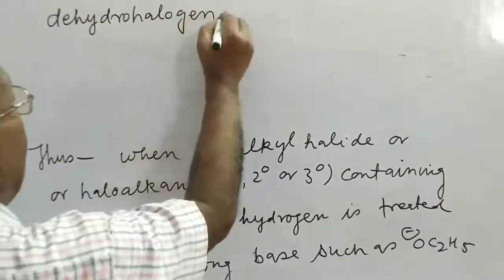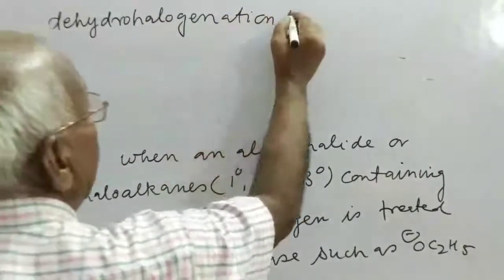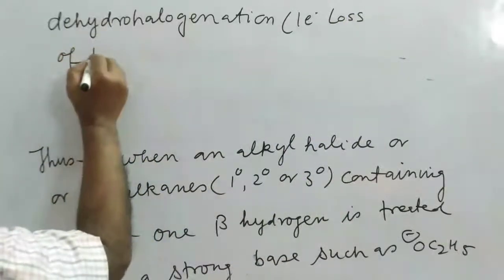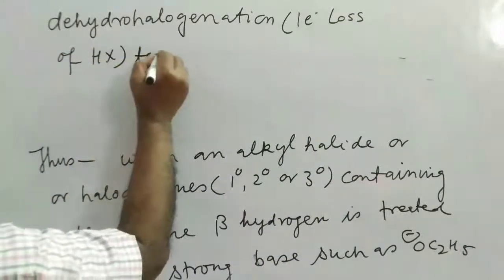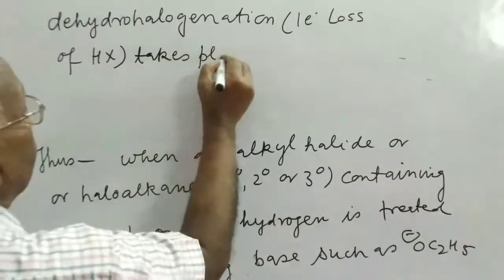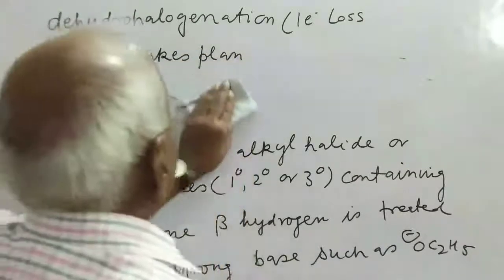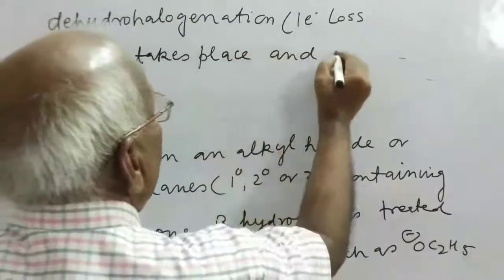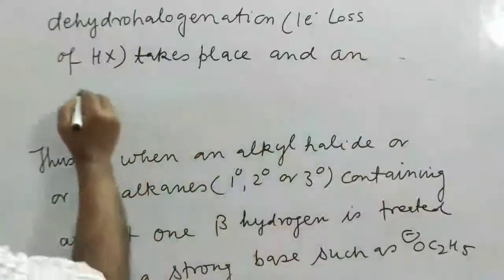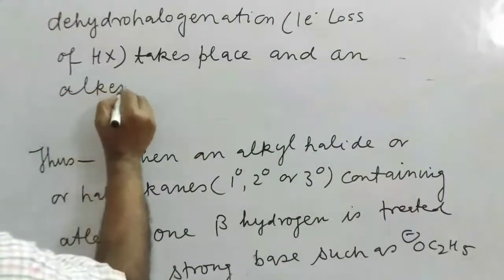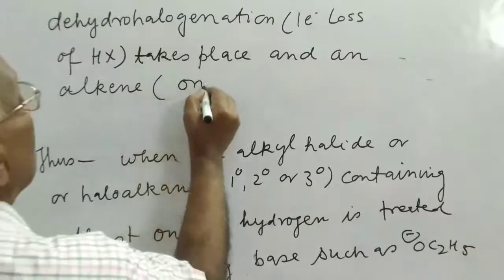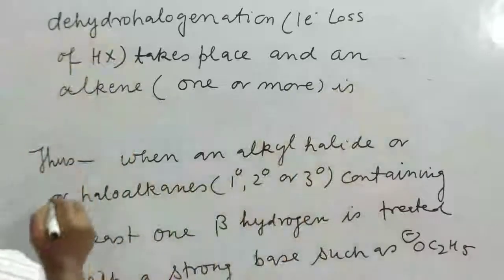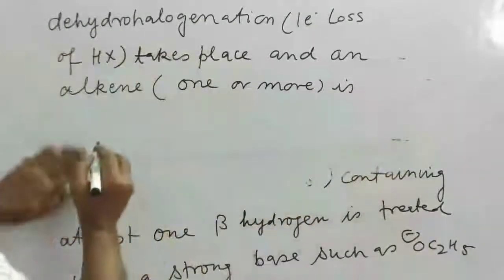That is loss of HX takes place and an alkene, one or more, is obtained as the product.